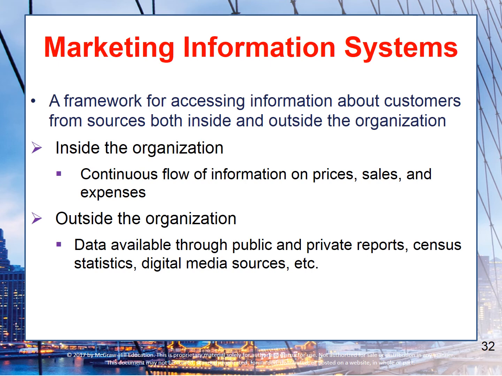Outside organization, your data is really gathered through public and private reports, census statistics, and digital media sources. Now, a lot of times, when you sign up for something, if you just click and say, I agree, a lot of times if you have read that information, they're going to sell your report in that private report.